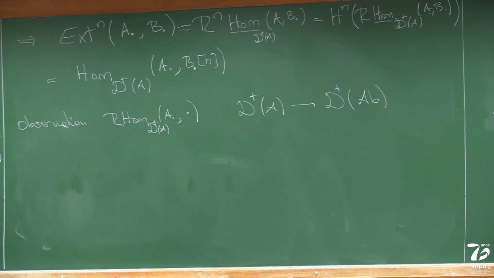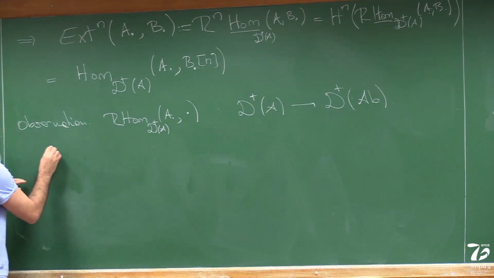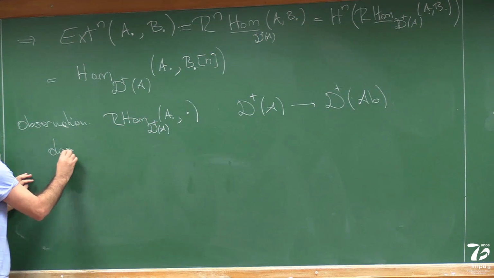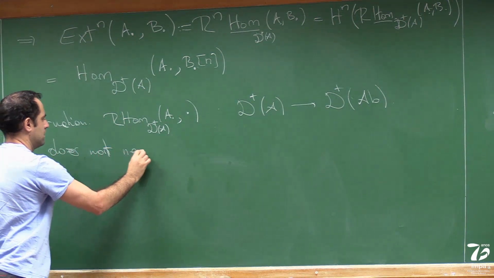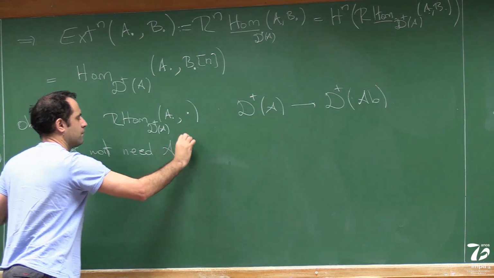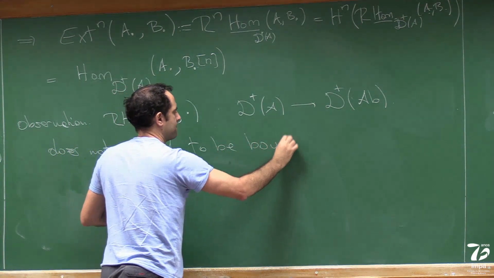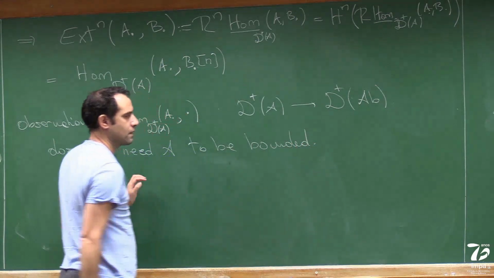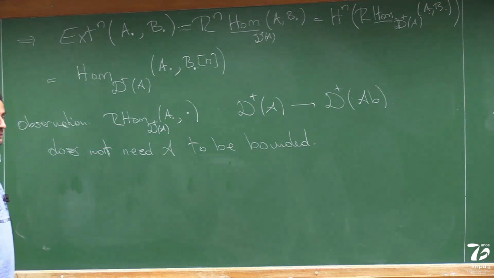But it doesn't really need A to be bounded. As long as this guy is bounded, we're fine. We get a bounded Hom.